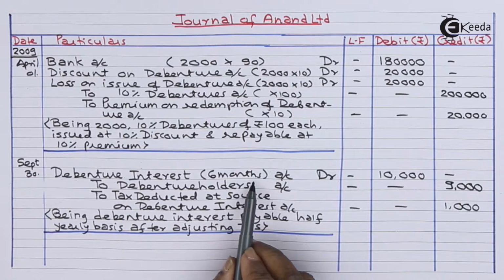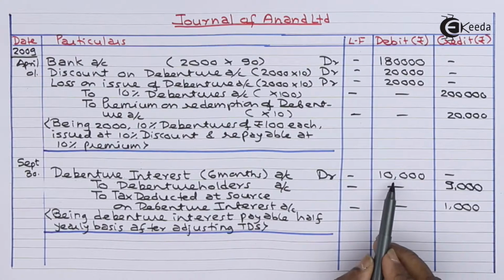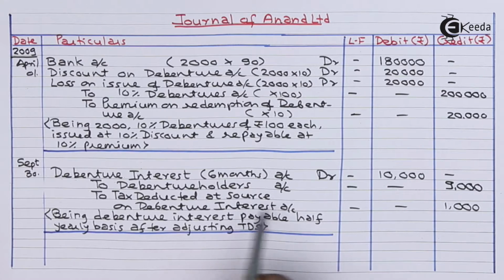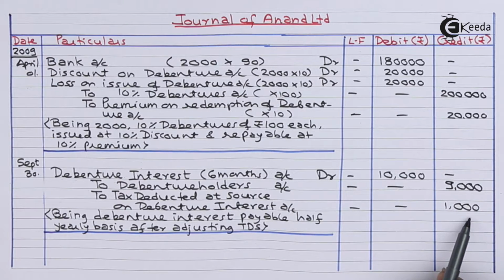Debenture interest for 6 months account debit 10,000, to debenture holders account 9,000, to tax deducted at source on debenture interest account 1,000, being debenture interest payable half yearly basis after adjusting TDS.